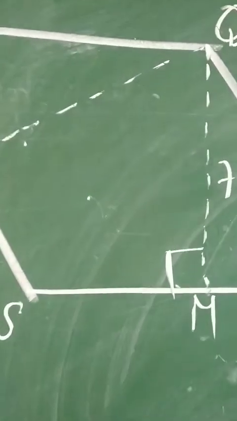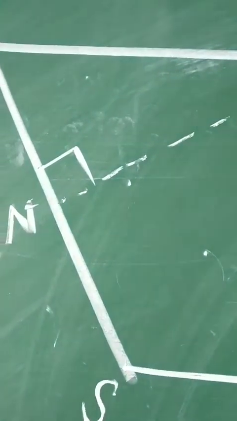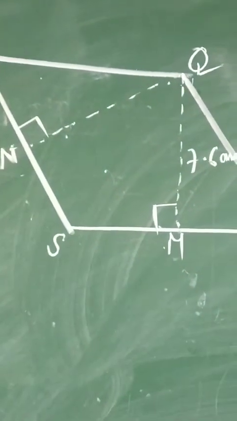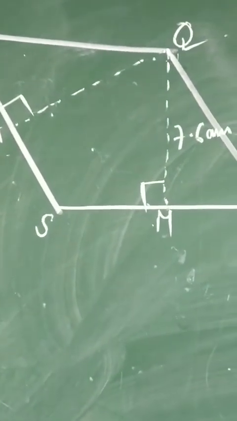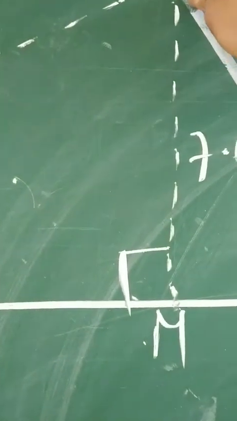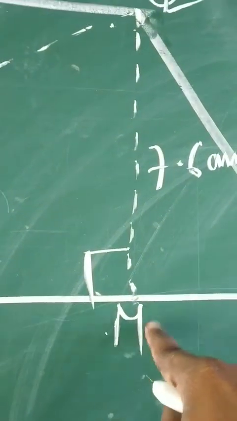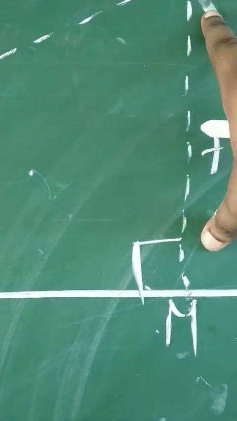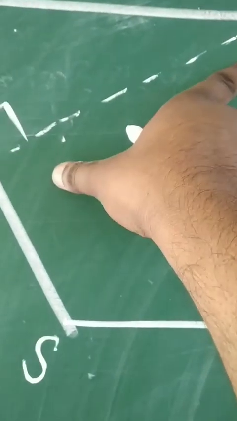The name of this height is QM, and the name of the other height is QN. The measures of these two heights are different. From the vertex Q, the perpendicular distance drawn up to the point M on SR is 7.6, and QN is not given.